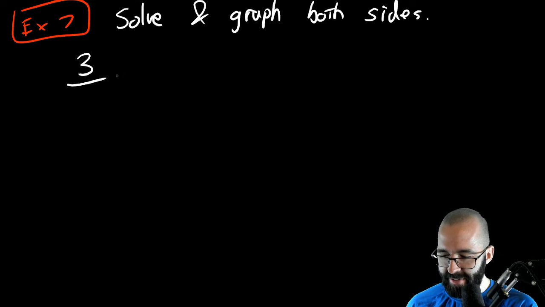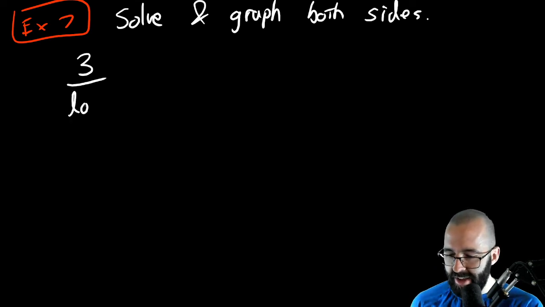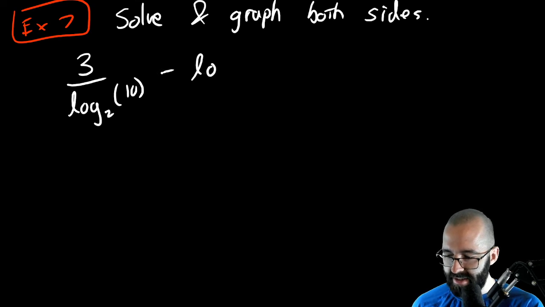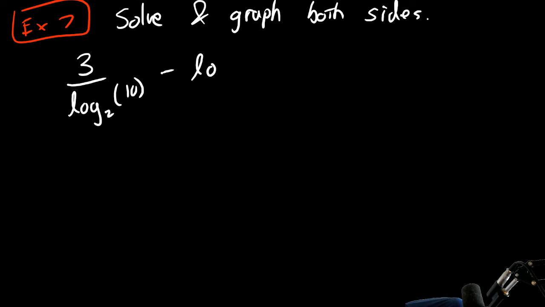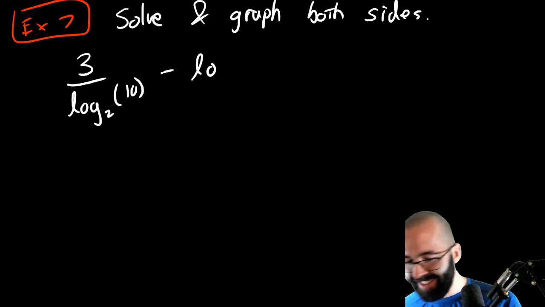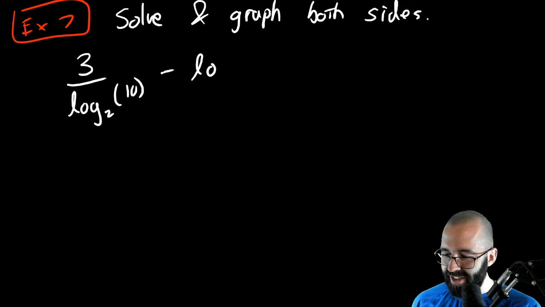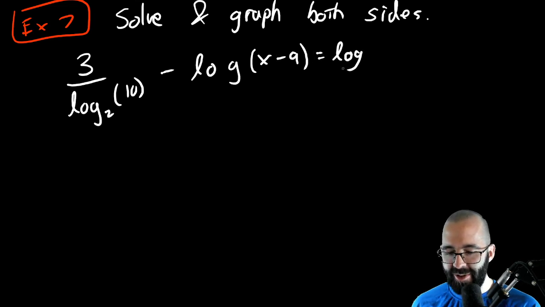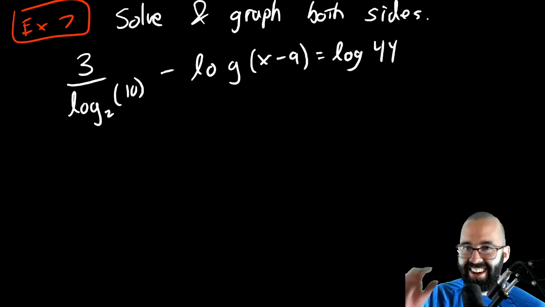Yeah, that's what my notes say. I need to clean up my notes. 3 over log base 2 of 10 minus the log of x minus 9 equals the log of 44. All right, I don't think I wrote this down right.